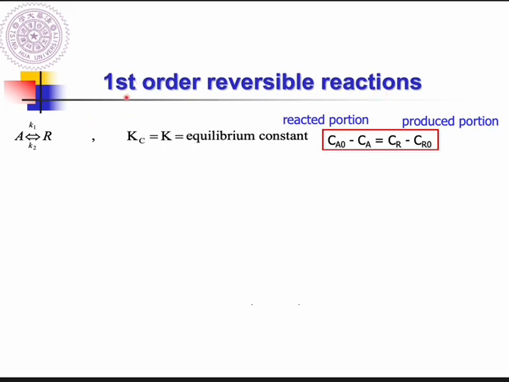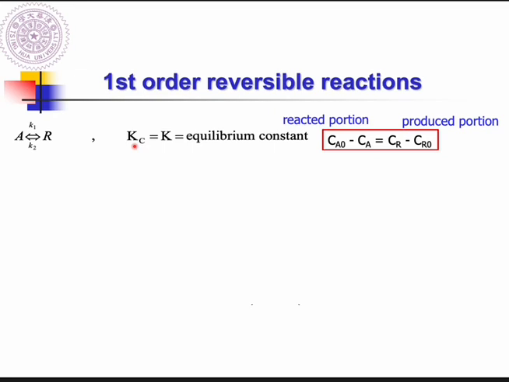And because it is a first order reaction, when I try to formulate the chemical equation, I have reactant A and it generates product R. The forward rate constant is K1 and the backward constant is K2. And because it is a reversible reaction, when it reaches equilibrium conditions, the concentrations of reactants and products do not change with time.